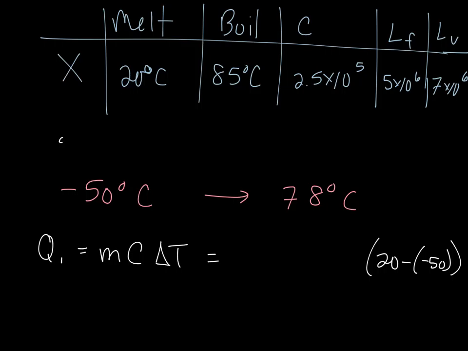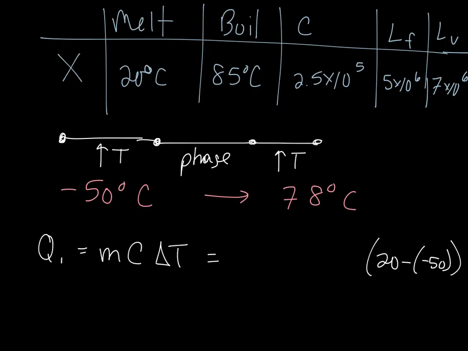I'm saying in the beginning, we have to raise temperature. Then after that, we change phase. After the phase change, we'll see another increase in temperature. That's what's happening here. So we think of this in 3 pieces. Increase the temperature, change the phase, keep increasing the temperature, maybe change the phase again. But that's the process we're going to undergo.